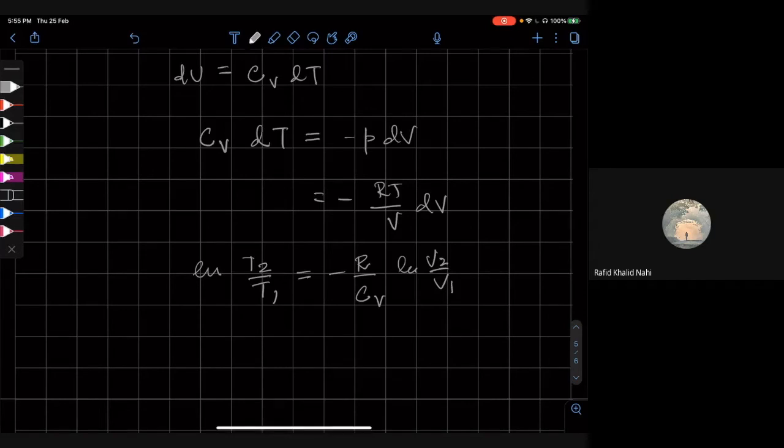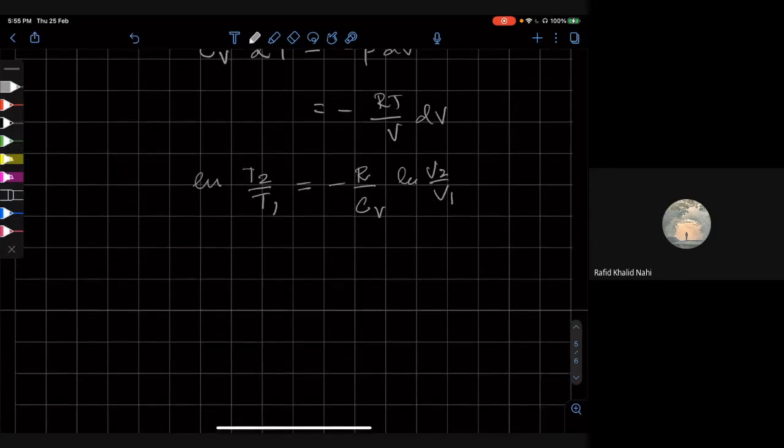And also for the ideal gas, you can show that CP is equal to CV plus R. This is actually not very hard to show. And maybe I'll give it as a tutorial problem.